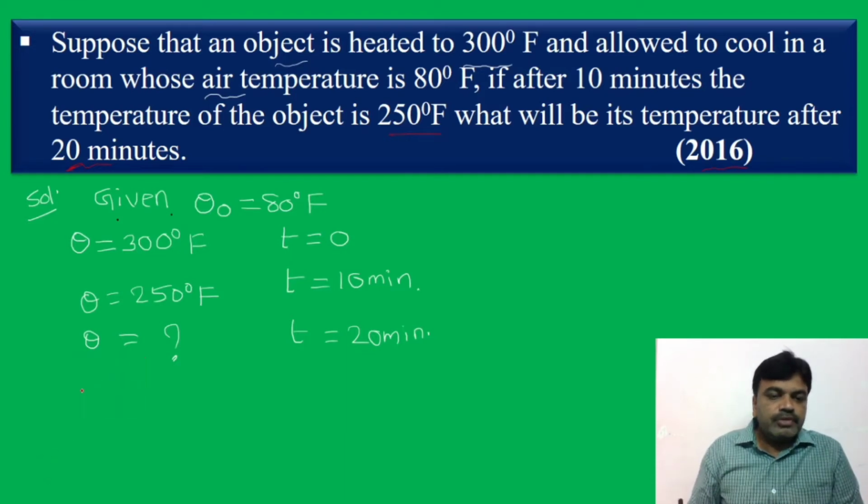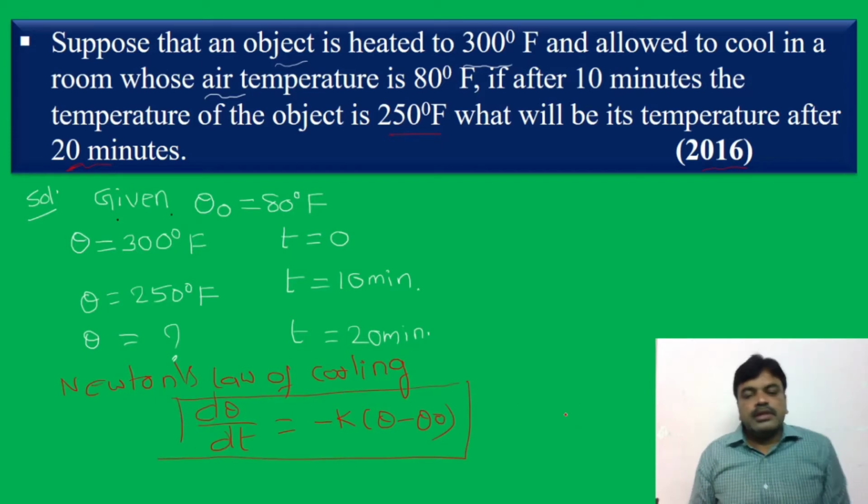Newton's law of cooling formula, friends. What is the formula? d theta by dt is equal to minus k into theta minus theta naught.